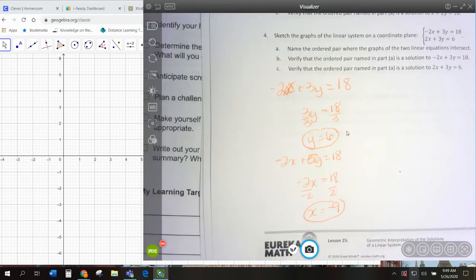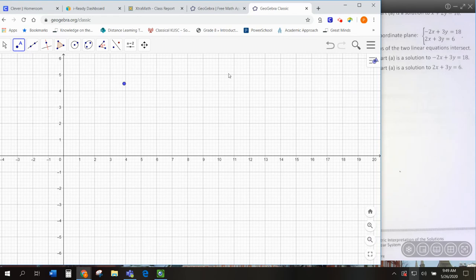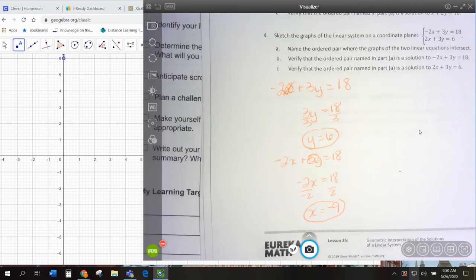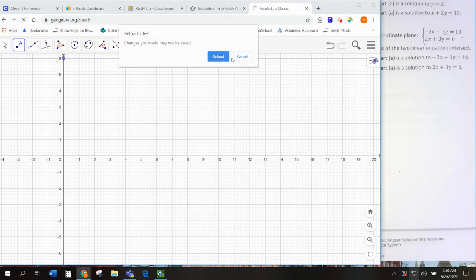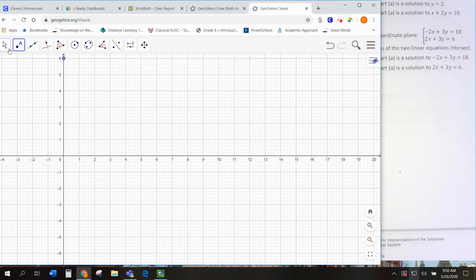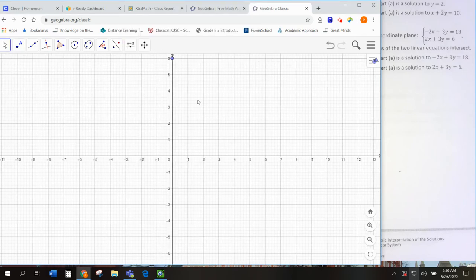In my first one, I have a y of 6, and my x is, no, my x is negative 9, sorry. X is negative 9. So let me move this so I can come down to negative 9.